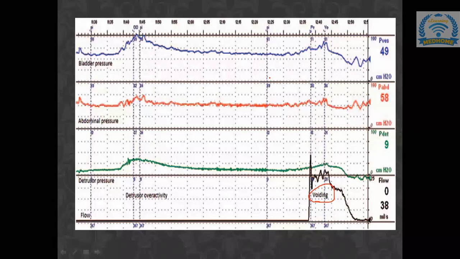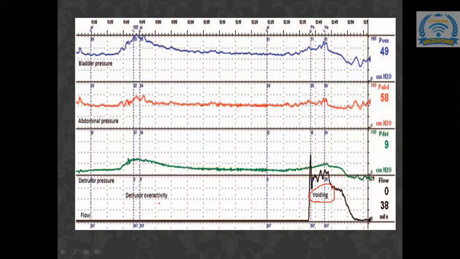Okay, ma'am. During the filling phase, detrusor pressure is also raised along with abdominal and bladder pressure. So, what type of incontinence is it?